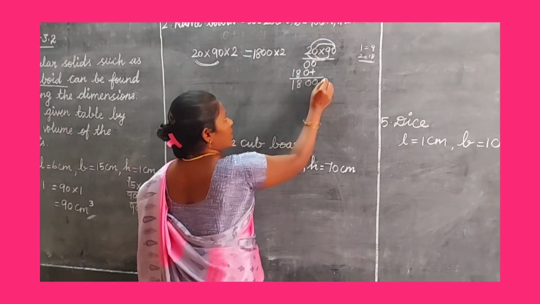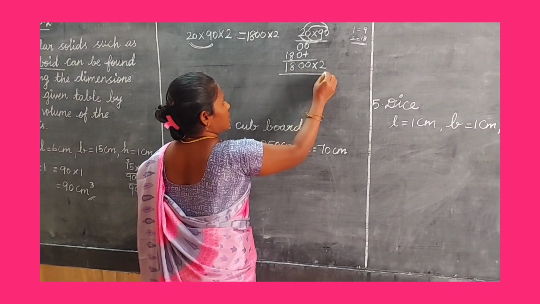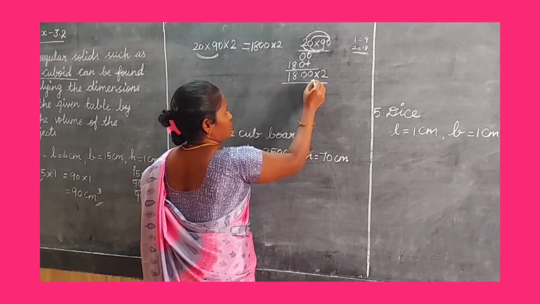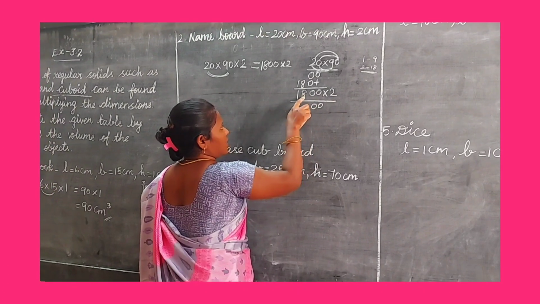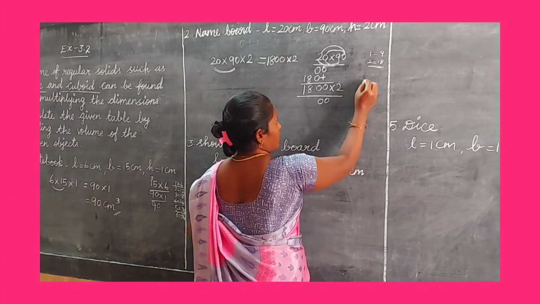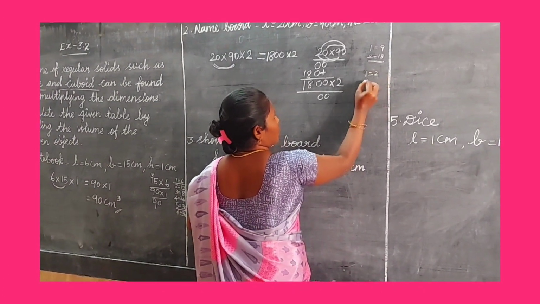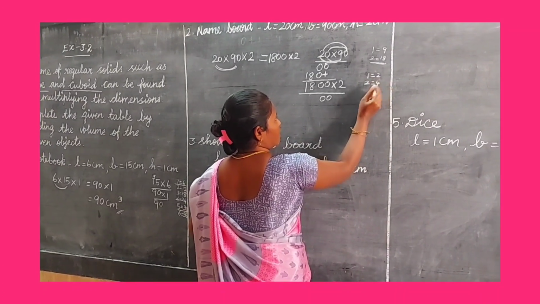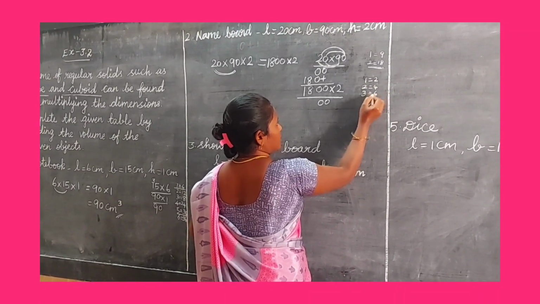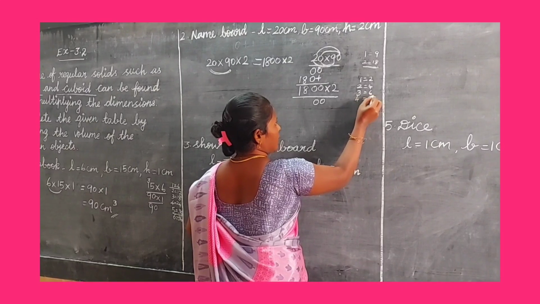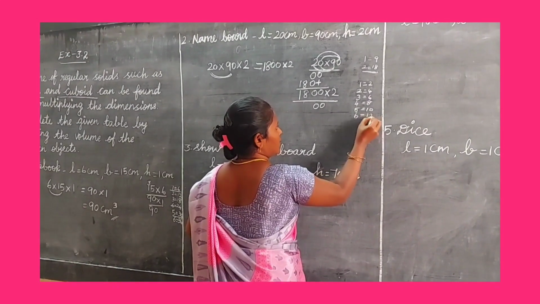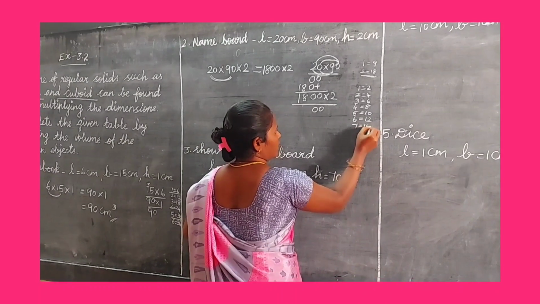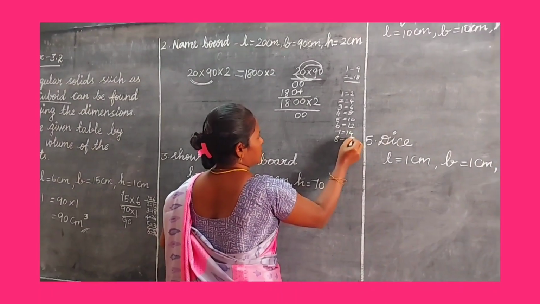Now multiply the number for 2 table: 2 into 0, 0, 2 into 0, 0, 2 into 8. Now write the 2 table. 1 two is 2. 2 twos are 4. 3 twos are 6. 4 twos are 8. 5 twos are 10. 6 twos are 12. 7 twos are 14. 8 twos are 16.